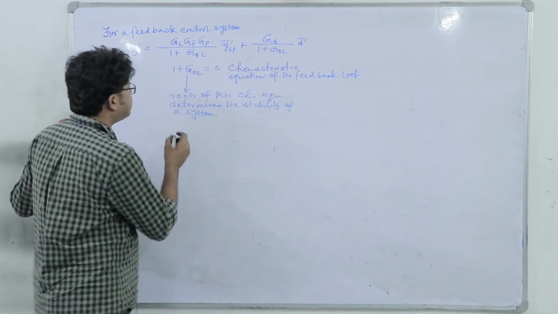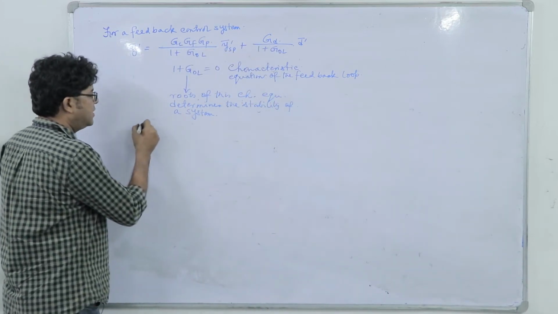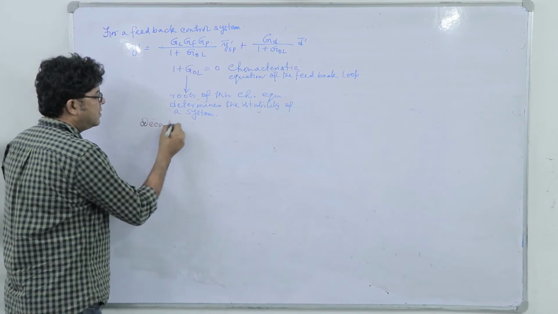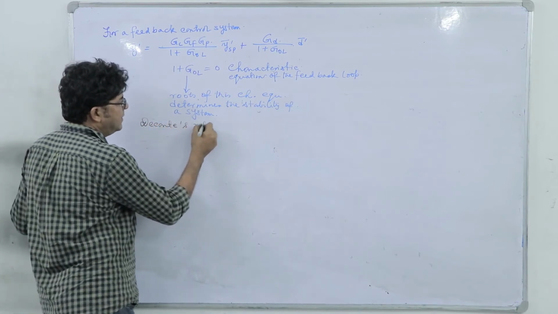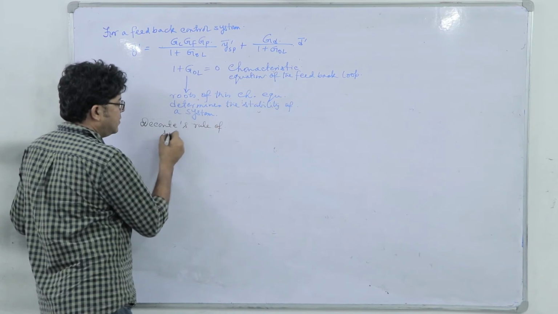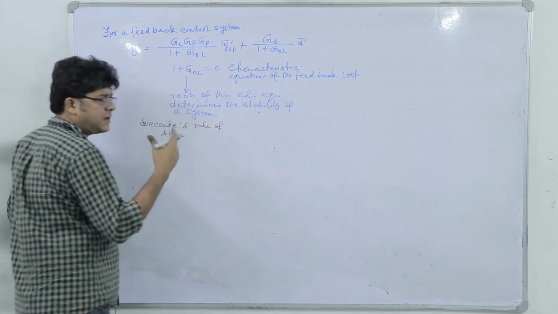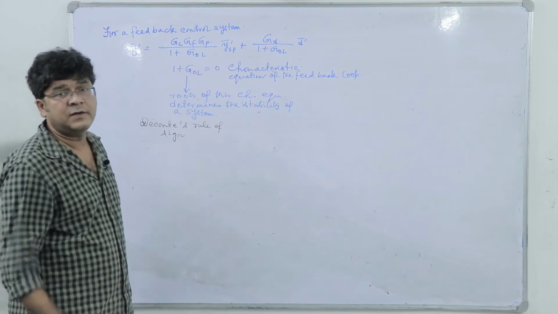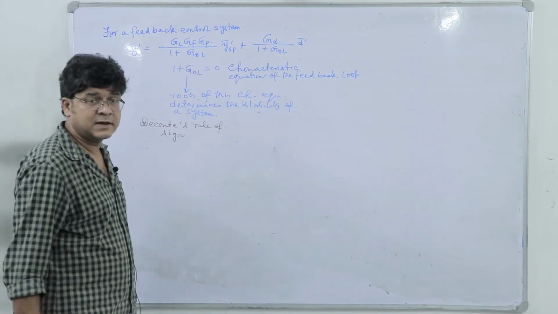So, there is something called Descartes' rule of sign, where by taking the sign of the coefficients we can conclude about the sign of the respective roots.